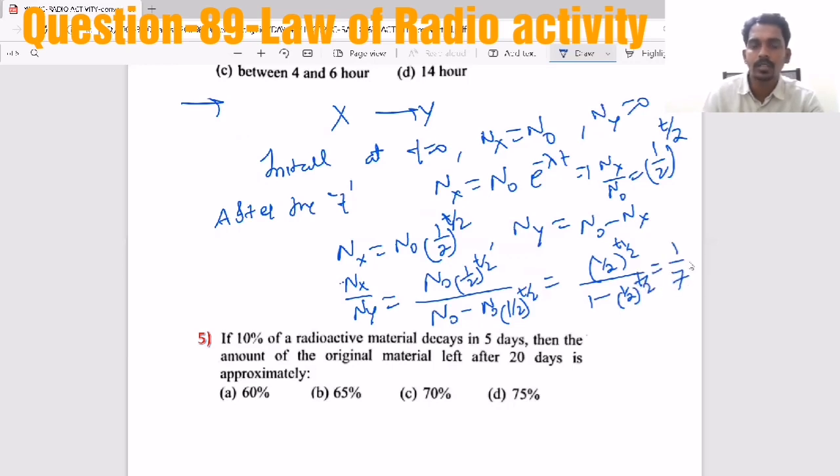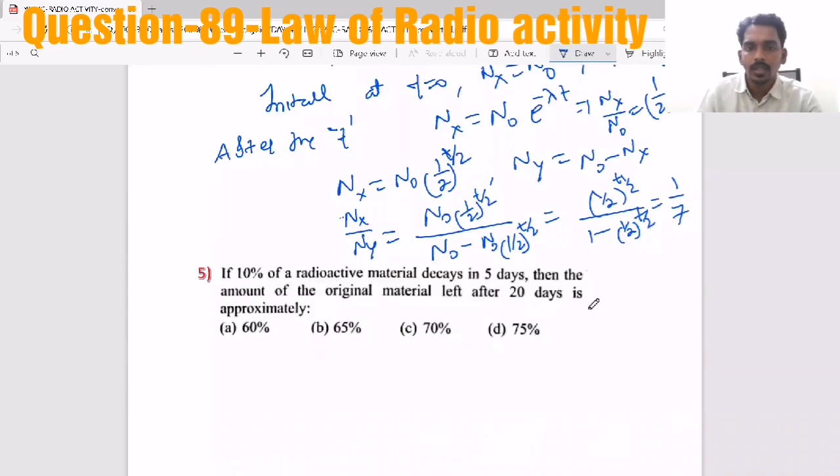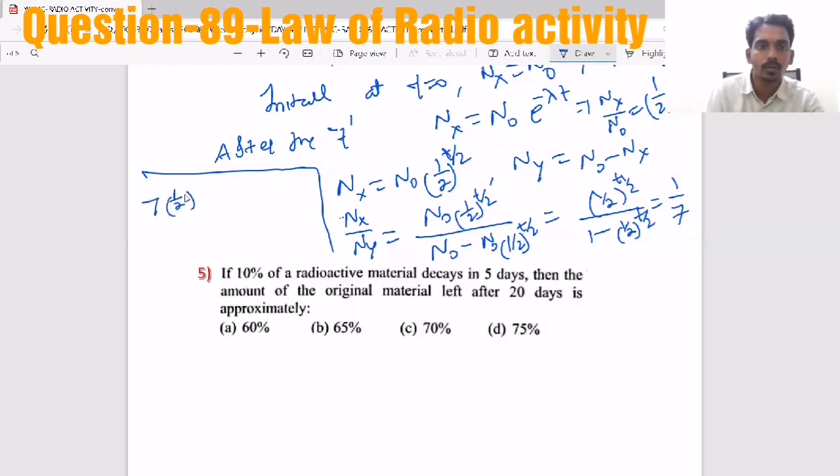Now this is equal to 1 by 7, they are telling. If you cross multiply, 7 into 1 by 2 whole power t by 2 equal to 1 minus 1 by 2 whole power t by 2.